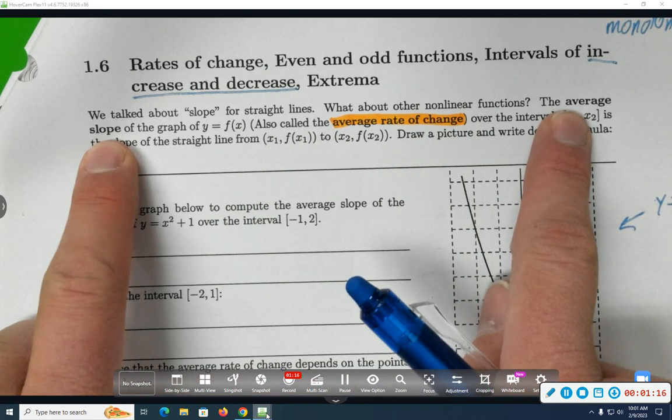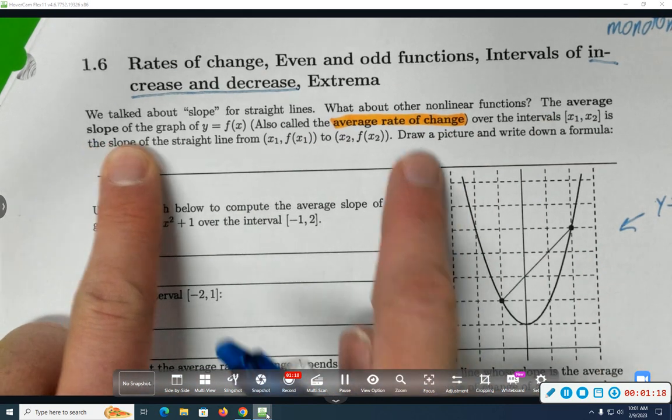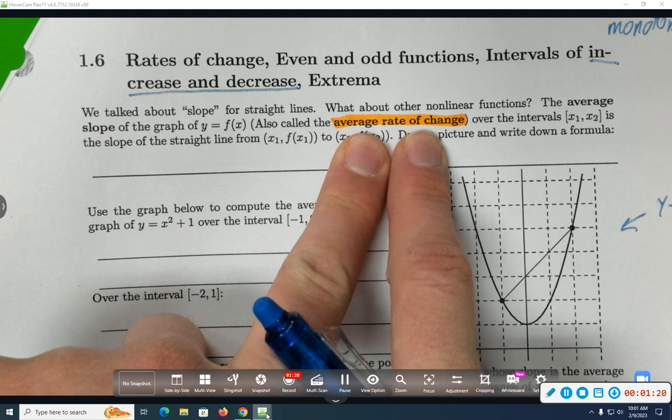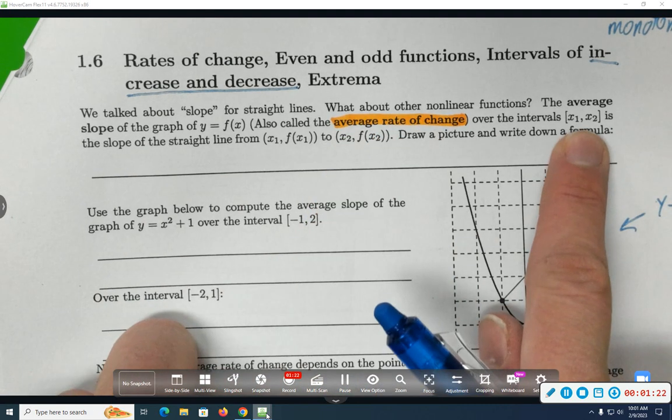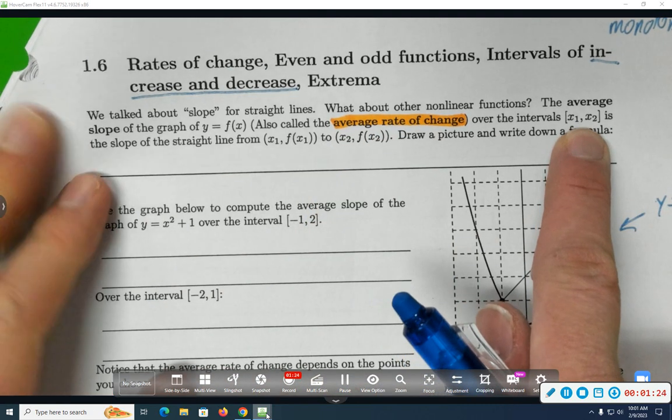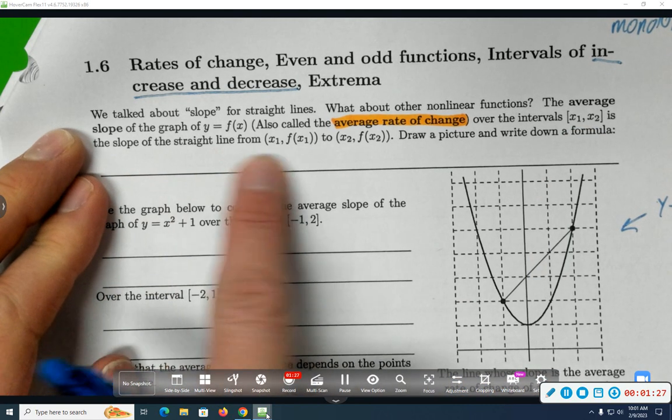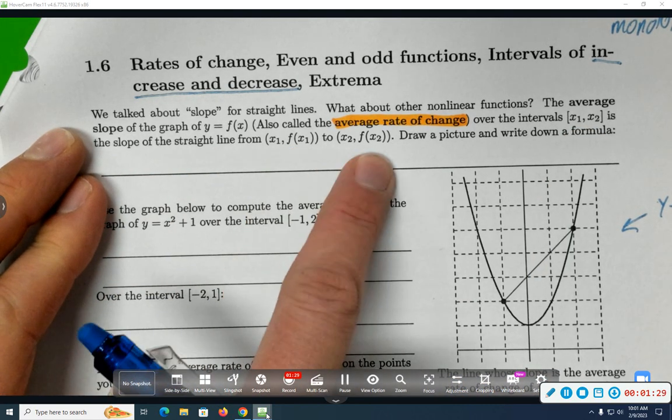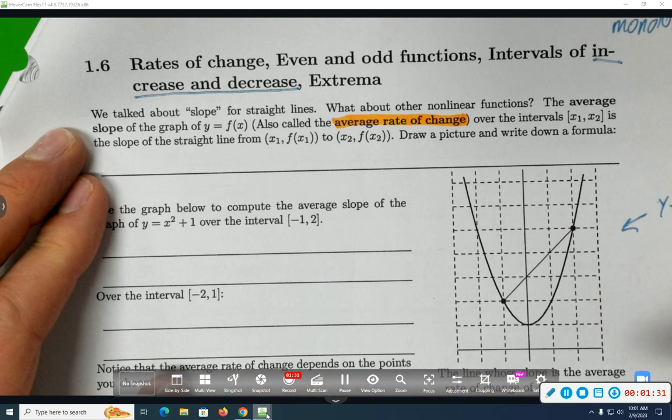The average slope of the graph of y equals f of x, also known as the average rate of change of f of x over an interval x1, x2, is the slope of the straight line from (x1, f of x1) to (x2, f of x2).